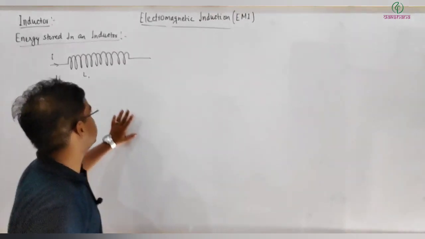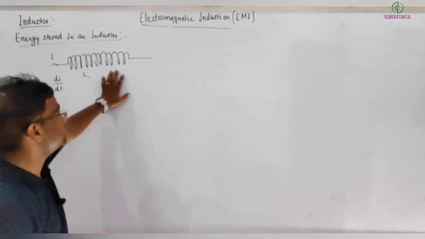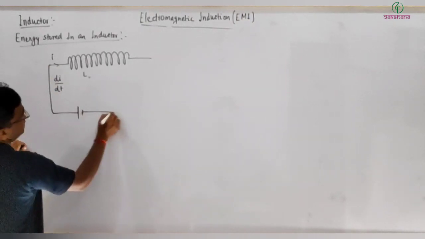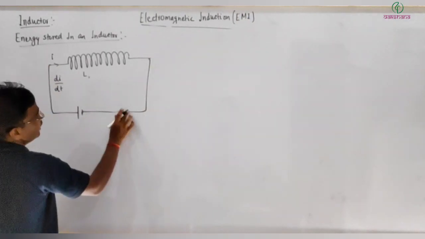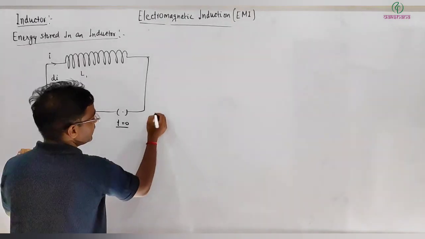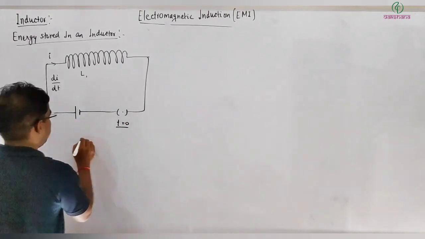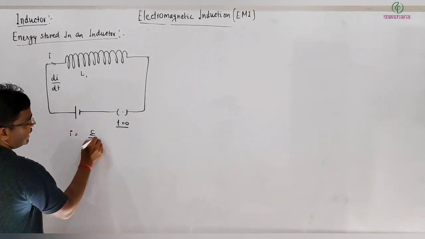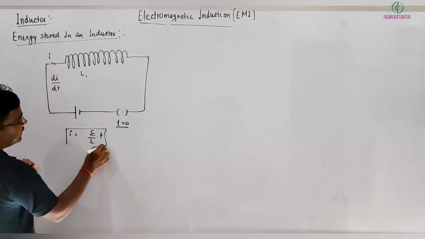So just consider here one situation. Here we have an inductor connected across some battery, and the switch is closed at t equal to 0. We have seen the current through this inductor I is equal to E by L times t. Clear?